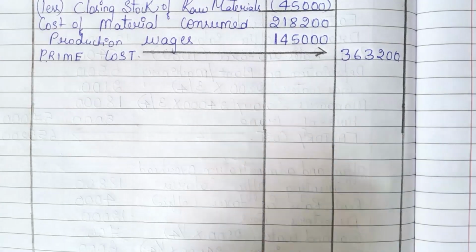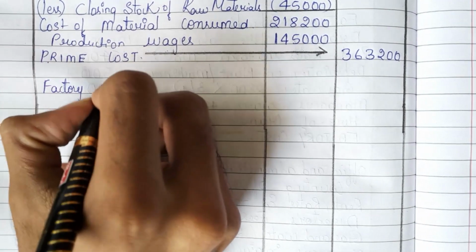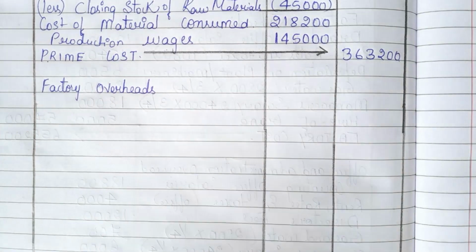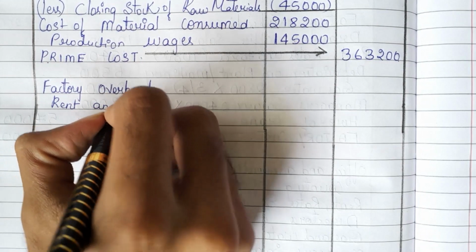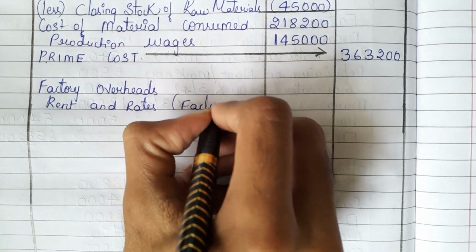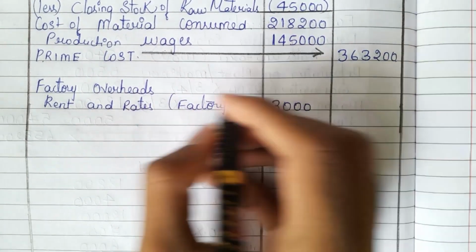Now what is the next procedure? We need to add all the factory overheads. What all factory overheads do we have? First one is rent and rates related to factory. How much is the rent and rates related to factory? It is 3,000.